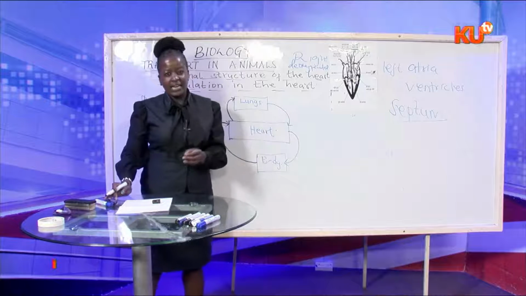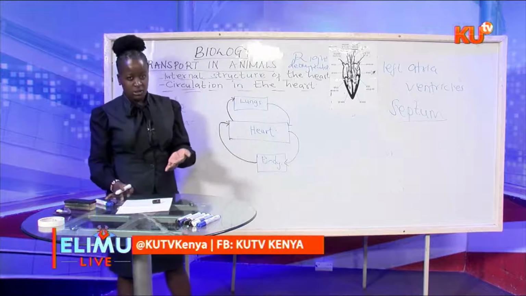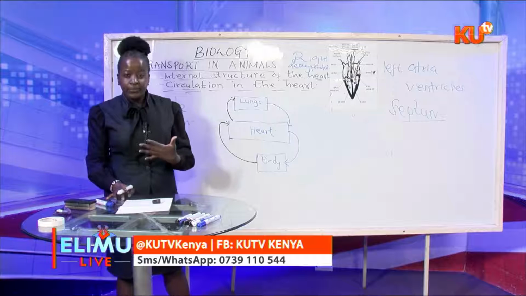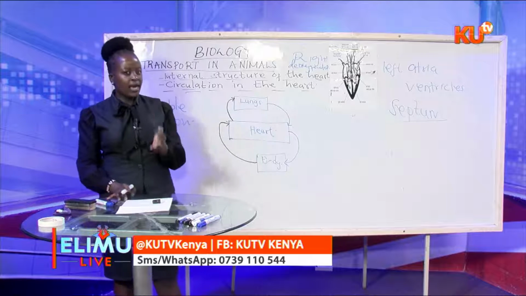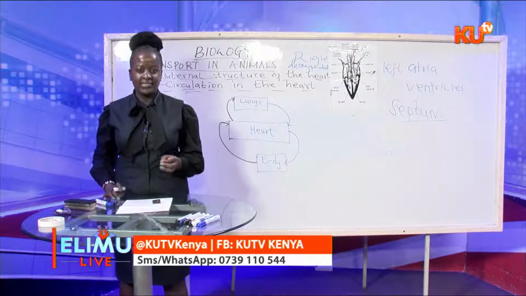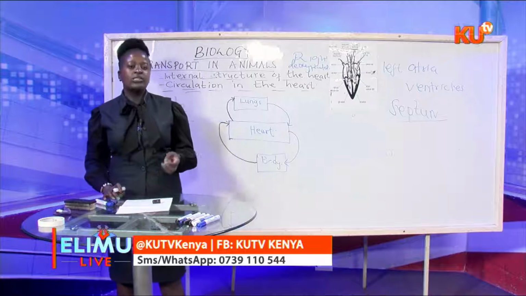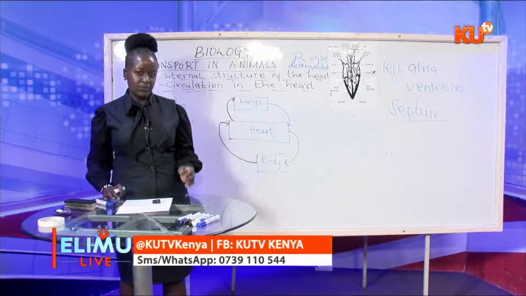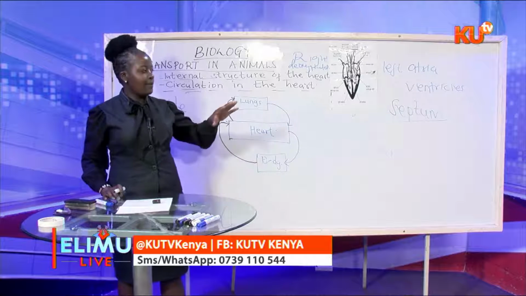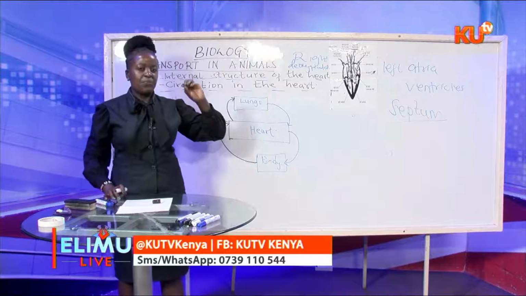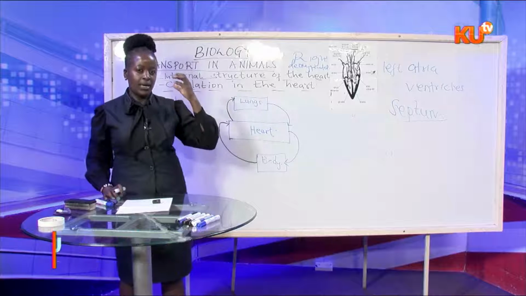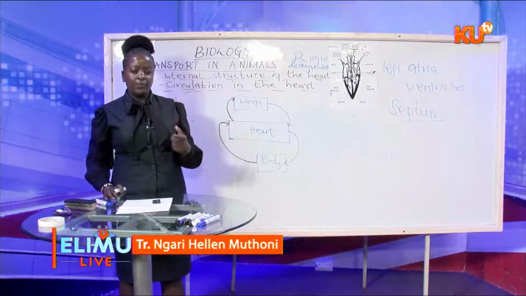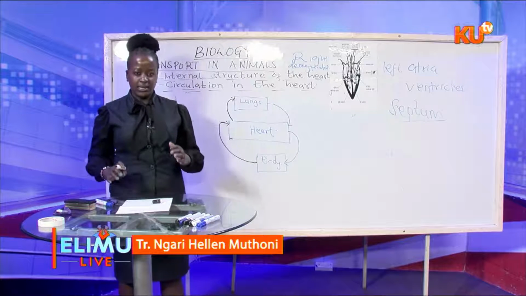So this blood will be pushed to the body, and the cells will be able to utilize the oxygen. So that is how circulation in the heart takes place. And the valves prevent blood from flowing backwards. Up to that point, I hope you're understanding.